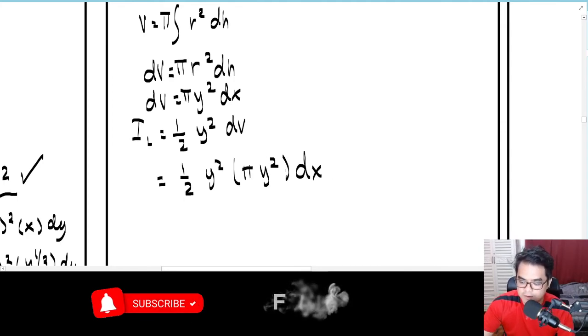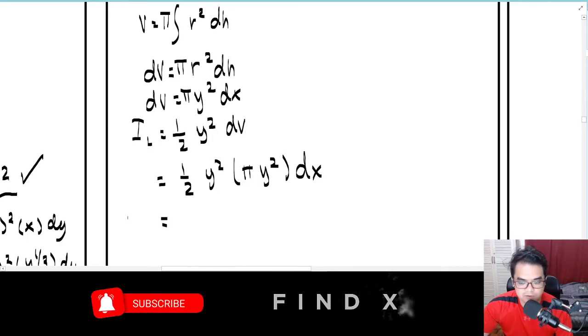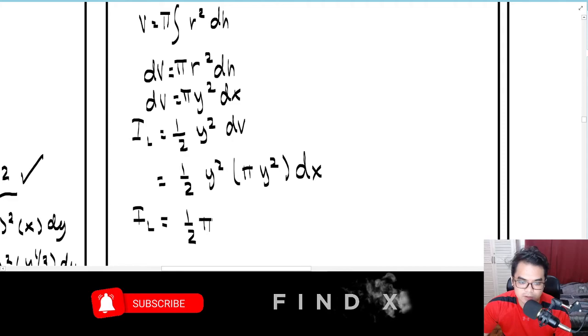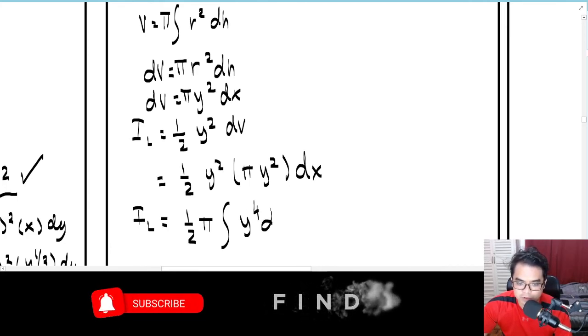So if you simplify this now, 1 half we can bring out, and then your pi we can also bring out. Since we have a dx here, we have to take the integral of y squared times y squared, so this is y raised to 4.